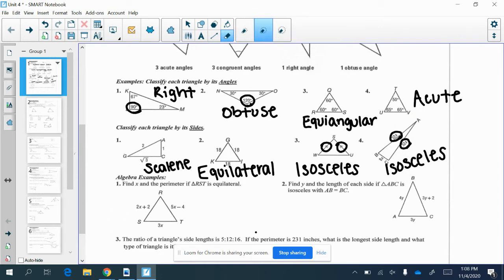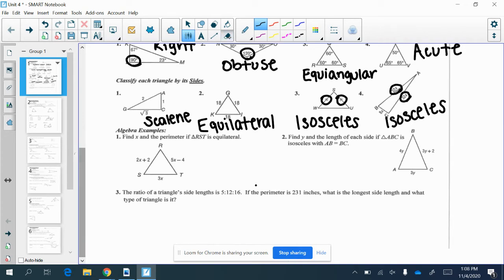All right, so algebra examples. Find x and the perimeter if triangle RST is equilateral. So here, if it's equilateral, all 3 sides have the same length. That means I can go ahead and set any 2 sides equal to each other.